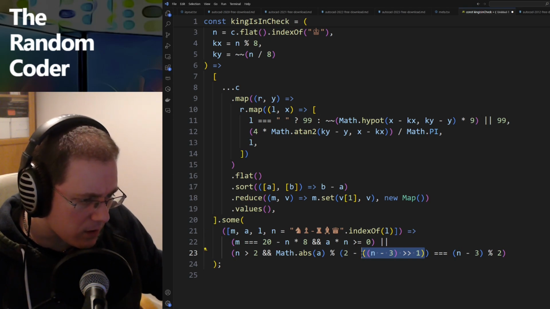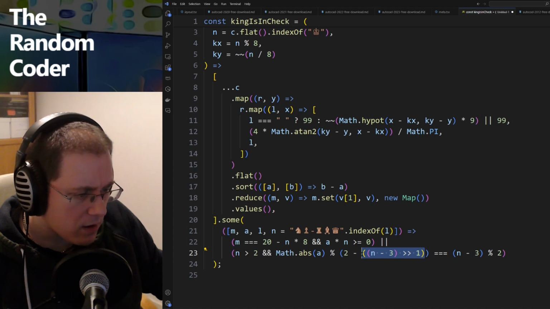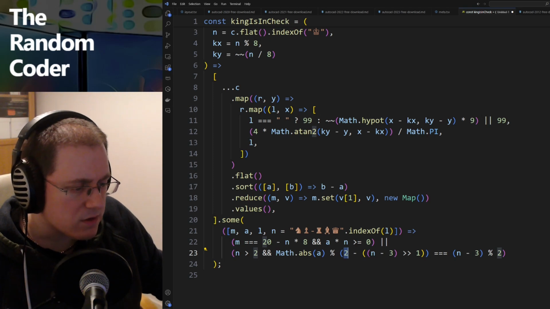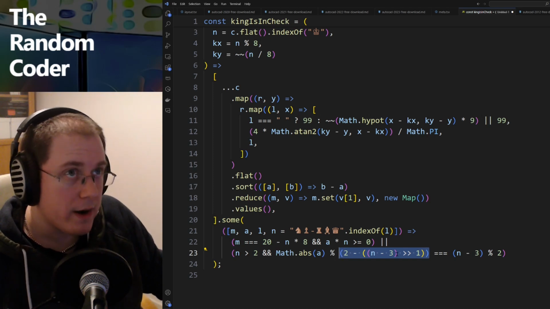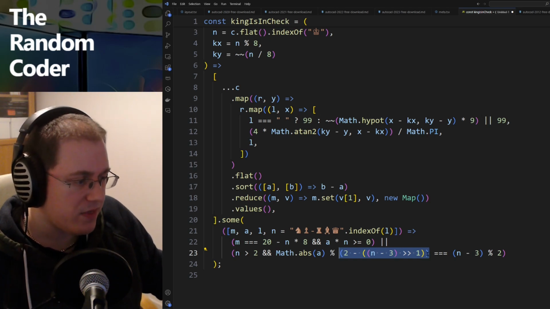Okay, so if it's a queen, we get 1. If it's not a queen, then it's 2. So this resolves to 2 for bishops and rooks and 1 for the queen. Now this is kind of adding up, I think.